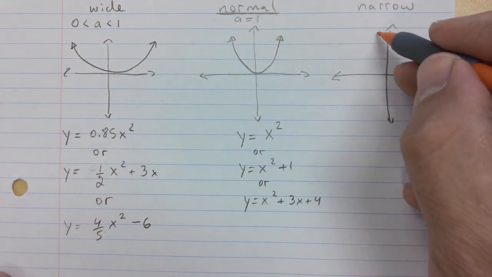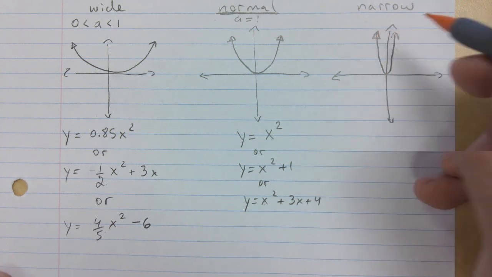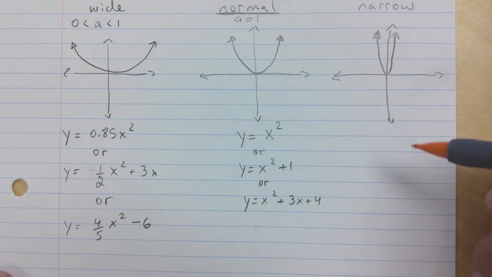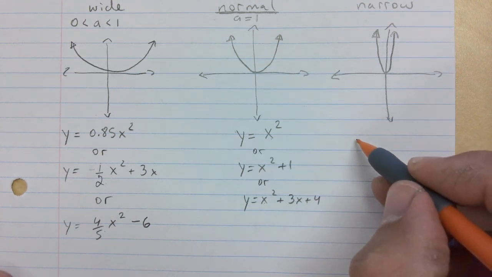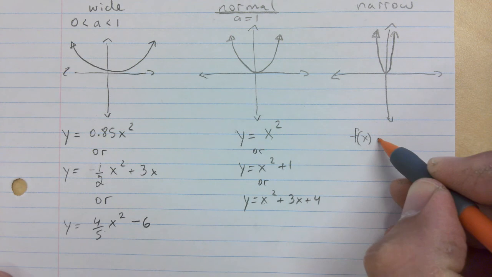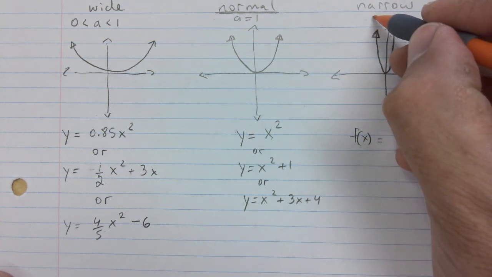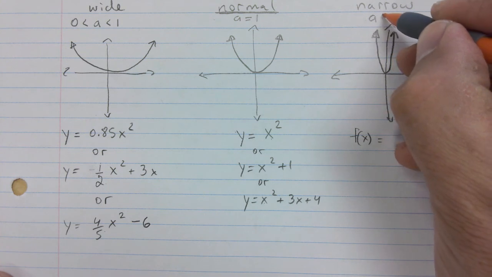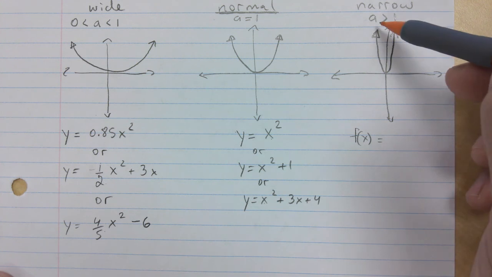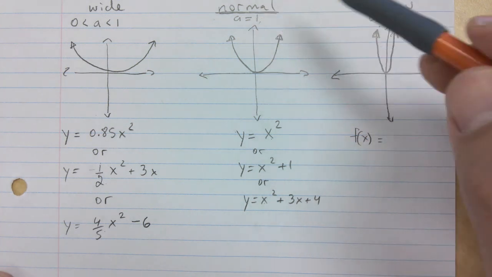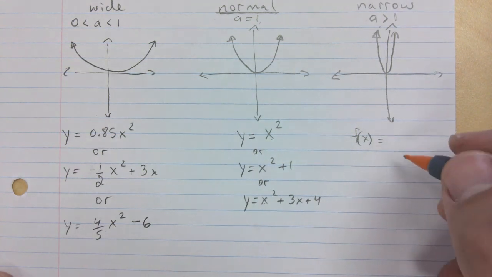Okay, so narrow, we're going to make it very obvious. It's going to go like this. And the examples would be, you could have f of x is equal to, sorry, I'm jumping the gun here. So a would have to be greater than 1. A greater than 1, a is equal to 1, or in between 0 and 1, so a decimal or a fraction.